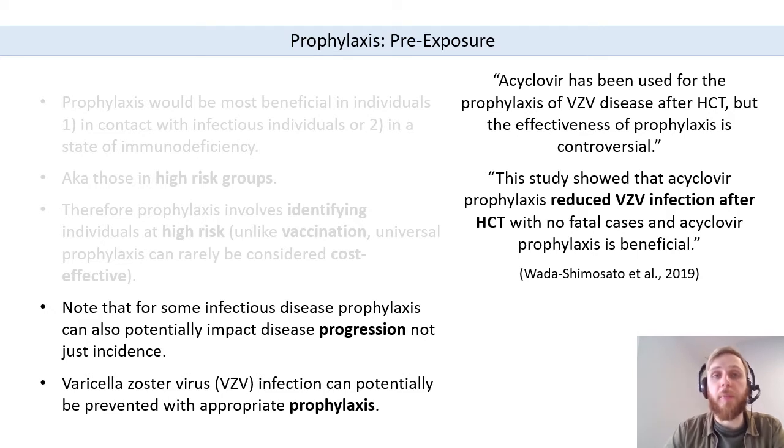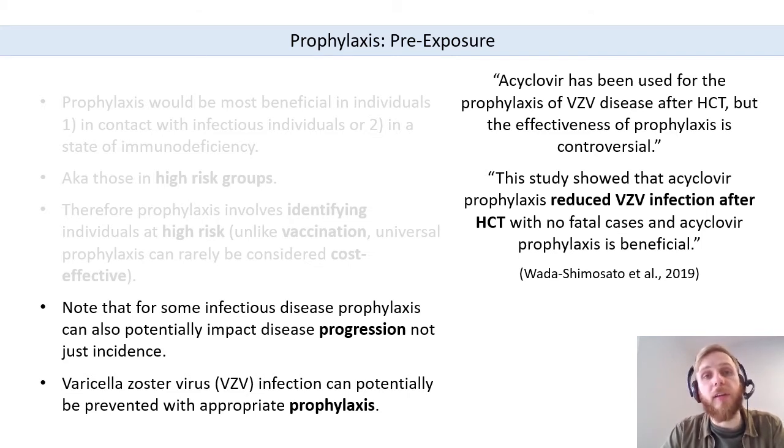A clear example of this is after cell transplantations. Hematopoietic cell transplantation is the example given here, and acyclovir, an antiviral drug that we've talked about, can be used prophylactically to induce incompatibility with varicella zoster virus, inhibiting the replication of the virus if it does enter individuals.